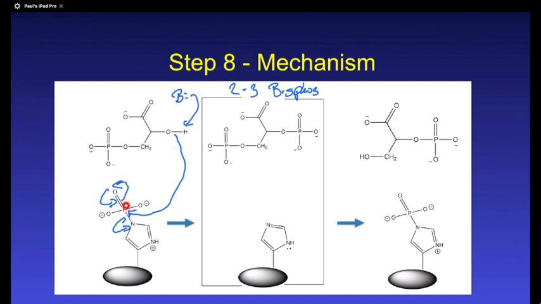When the phosphate leaves, it causes the enzyme to change shape just a little bit. And what happens is this nitrogen of the histidine doesn't sit three-dimensionally right here. It shifts over. And it sits right here.